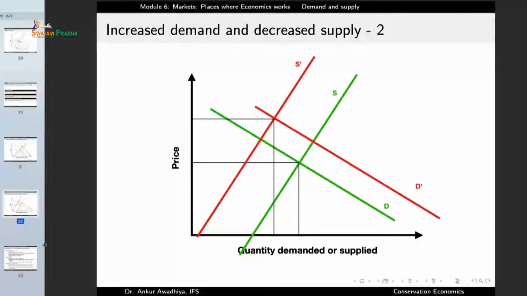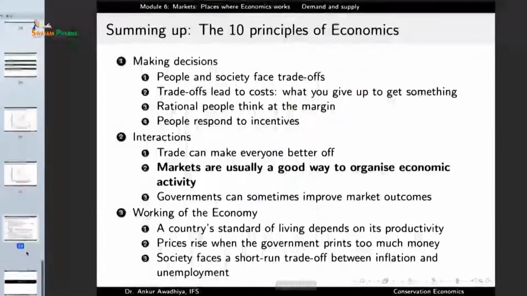So we had seen in the 10 principles of economics that markets are usually a good way to organize economic activity. And in this case, we are observing that a very big benefit of a market is that it reaches an equilibrium by itself.